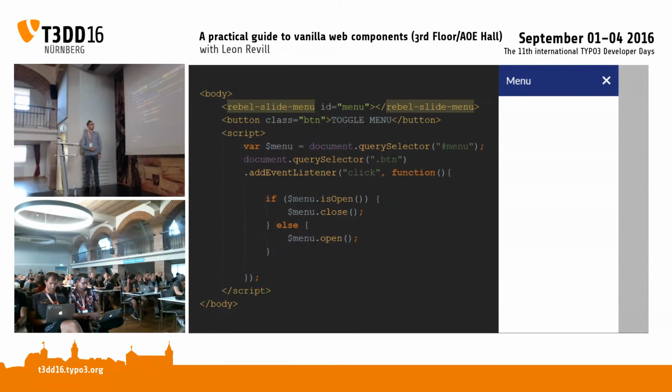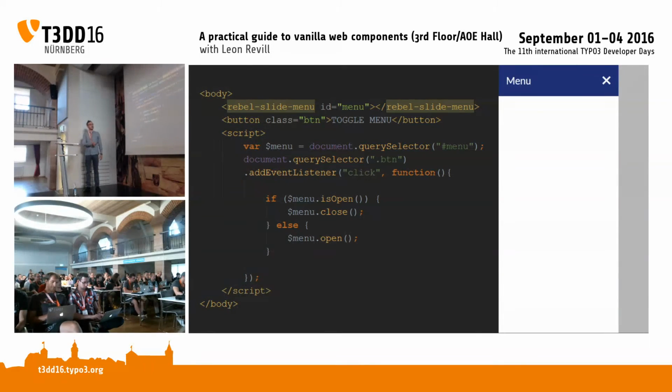So in this example, we call isOpen to figure out if it's open or not. If it's already open, we then close the menu. If it's not already open, we're then going to open the menu. Obviously, we could have moved this functionality inside the component itself and just added a toggle method onto our web component. But that just illustrates the point that you can call those methods on the class that we've created, basically allowing us to build up an API.